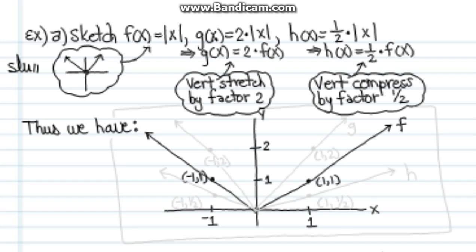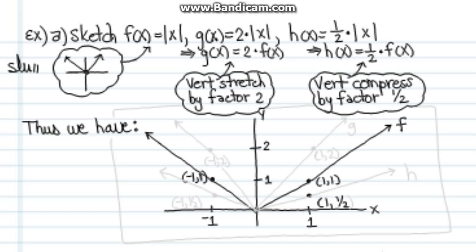Now to graph the other graphs, we just make the modifications recommended in video 74a. For instance, let's look at the h function. For the h function, we're multiplying c times f of x, where c is 1/2. So according to video 74a, we're going to multiply the y coordinates in the original ordered pairs of f of x by a factor of 1/2.